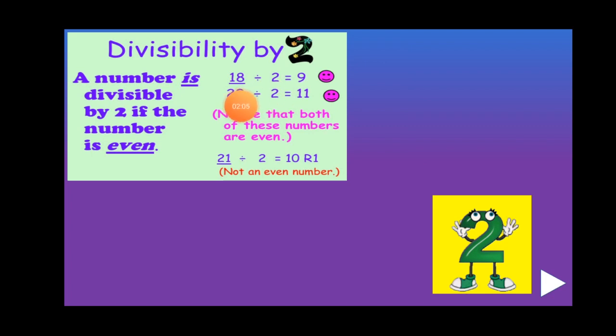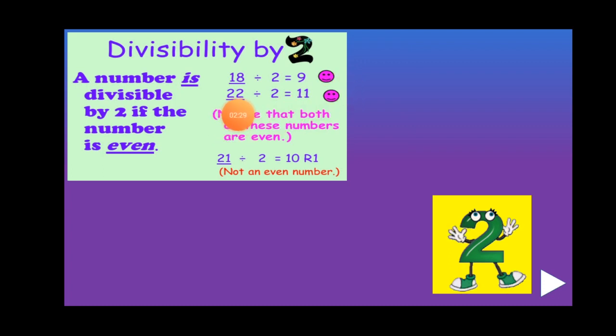You can see this 18 has an even number in its ones place, so it will be easily divisible by 2. That means 2 goes into 18 9 times. Here you can see that we don't have any remainder left.